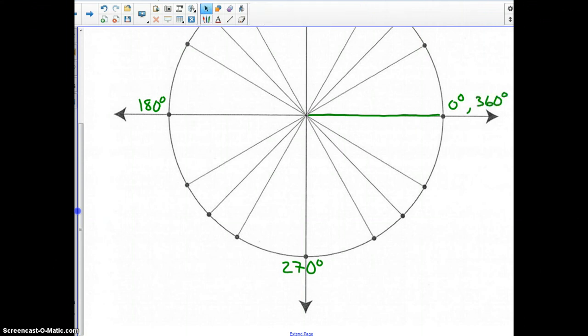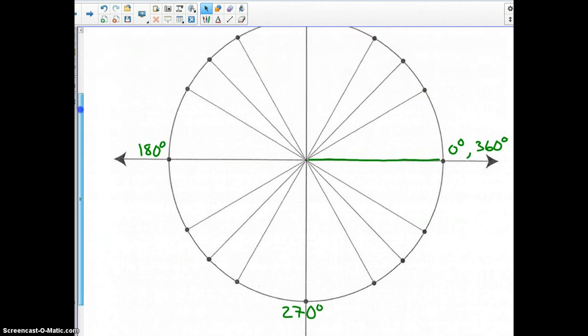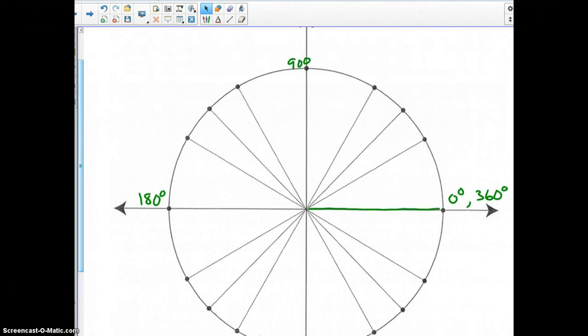So if you have that set up so far. Now, if you go back to your unit circle and think about this spot right in here, it is actually on our unit circle. It's halfway between 0 and 90, so that spot is 45 degrees. Halfway between 90 and 180 is a total of 135 degrees.